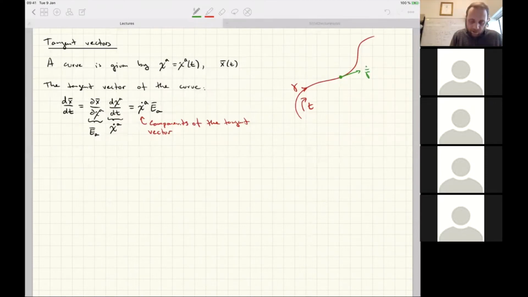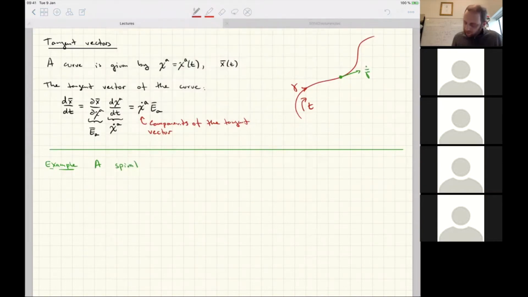Just as an example now, we can take a spiral, looking something like this, where we have our coordinate system locked in like this.